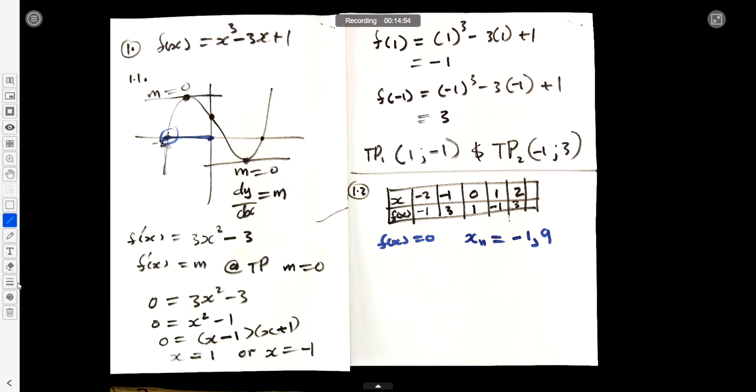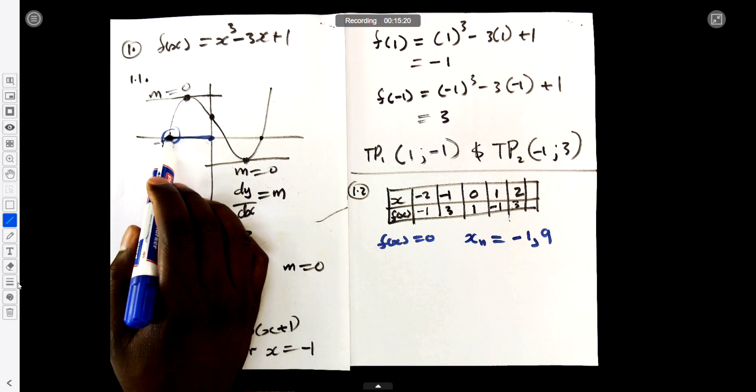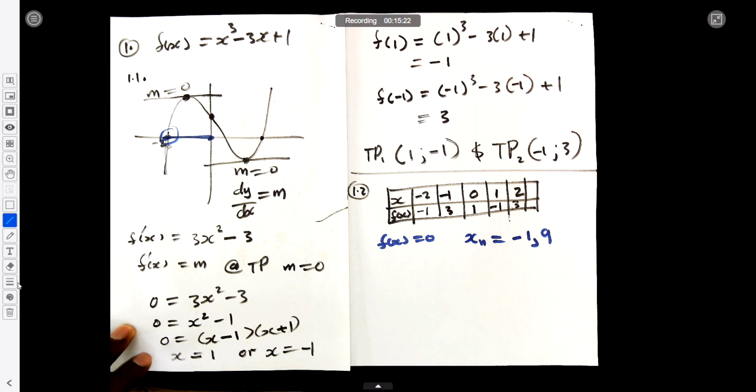So we have to use it once, the Newton-Raphson method. So we need to find a better approximation, at least a value that is closer to the root we are looking for, not the function.